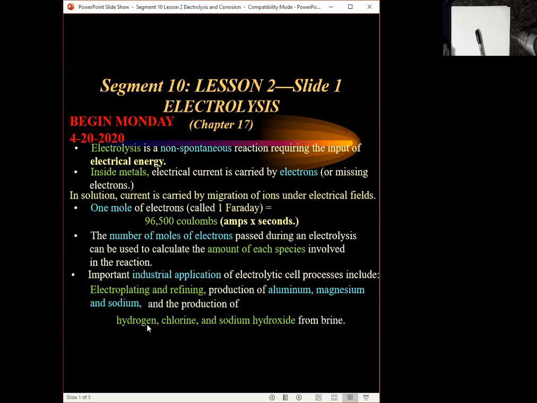And actually, we're not interested so much in the hydrogen. I've already told you, we can get hydrogen cheaper from petroleum refining than we can get it by electrolysis. But chlorine and sodium hydroxide are very important to us. And if you just take saturated salt water, you can electrolyze that and produce chlorine and sodium hydroxide from that.